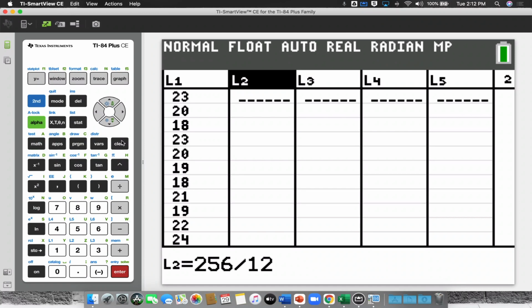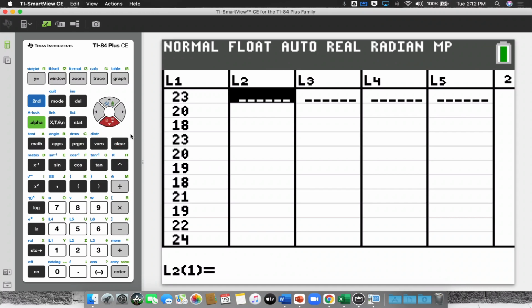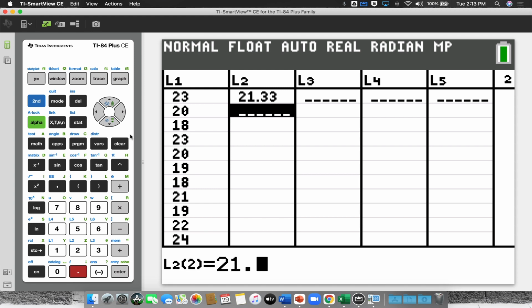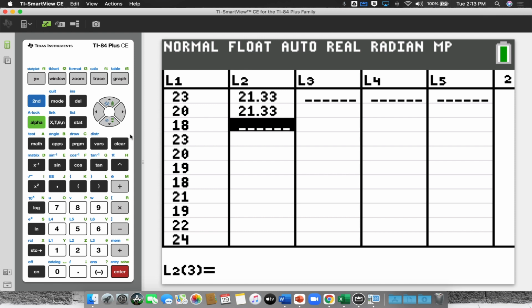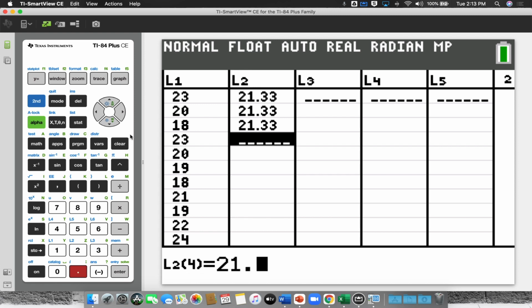There was a way to do it, but for some reason I'm not doing the right thing. So 21.33. There's a way to cut and paste in too, but I just don't know how. I don't really use that a lot, so I haven't looked it up.